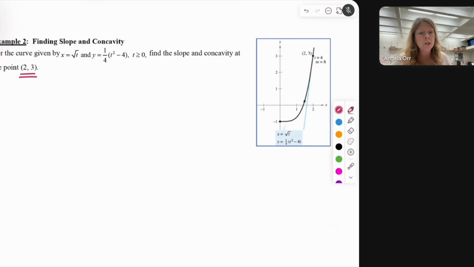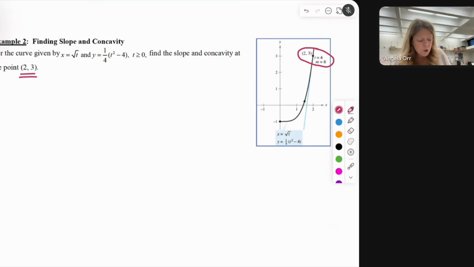The first thing I'm going to do is figure out dy/dx, then find the second derivative, and then we'll look at it at that specific location. That's the location right up here. Our graph tells us in this diagram that time should be equal to 4 when we eventually solve for it, but let's show how we would do that if we weren't given that information.